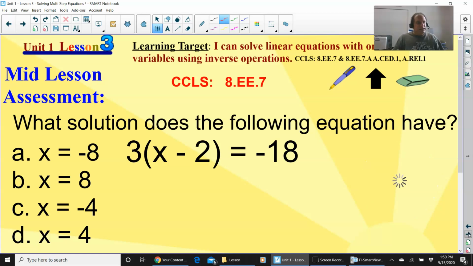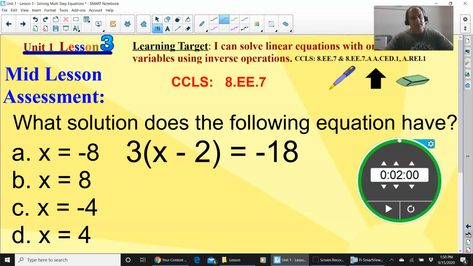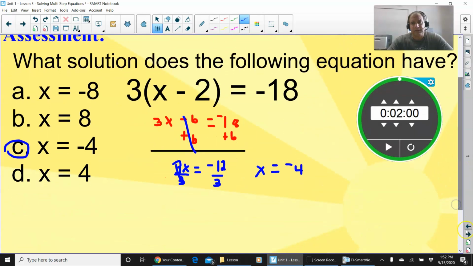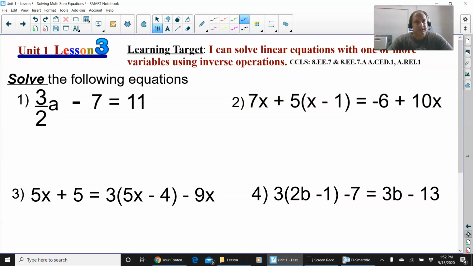All right, go ahead, see if you could do this mid-lesson assessment on your own. Get the answer, circle it, we'll come back with the answers. Next. Press pause now. Okay, so there it is. You do distributive property, 3 times x, 3x, 3 times -2 is -6, equals -18. You add 6 on both sides, divide by 3, you get x equals -4. That is your answer, and that's it.